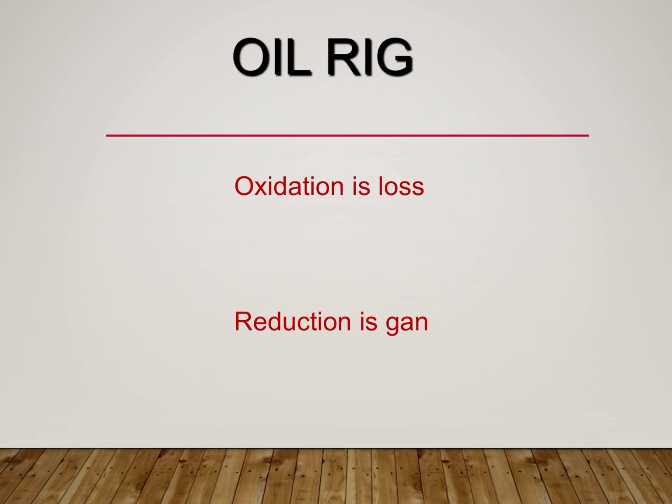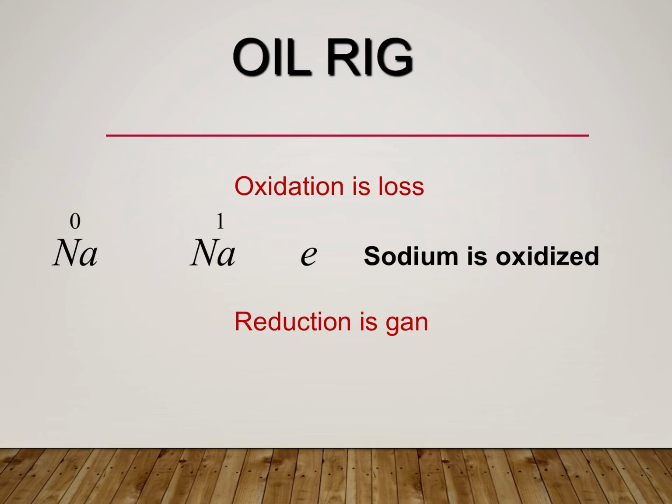So, which one is oxidized, which one is reduced? Sodium is the one that lost an electron. Sodium went from an Na to an Na+. It went from a 0 to a 1+. It became positive, which means that it lost an electron. So sodium is oxidized. Be careful here.